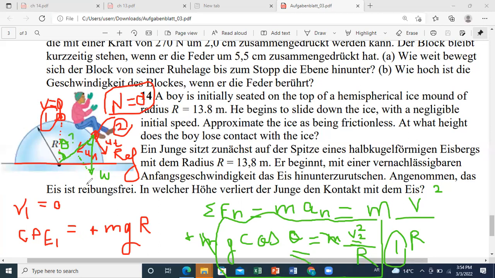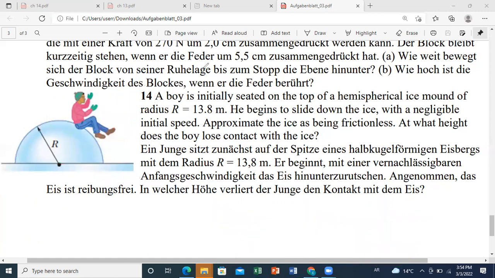To get the second equation, from conservation of mechanical energy we have the gravitational potential energy at state 1 plus the kinetic energy at state 1 equals the gravitational potential energy at state 2 plus the kinetic energy at state 2.